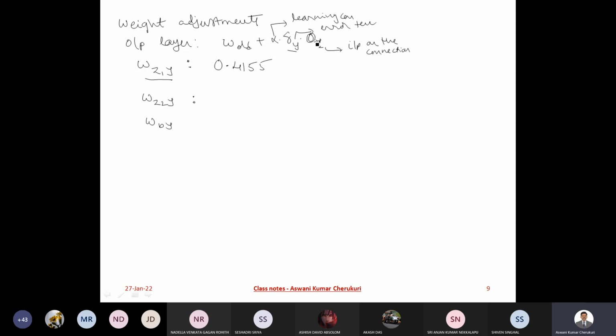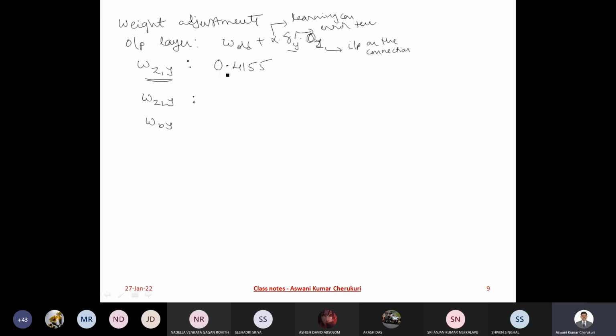This is the output from the previous layer coming as input to that particular node. Any doubts? Shall I repeat? Sir, it will be O of Z1, right? Yes, so we are modifying the connection weight Z1Y, so the corresponding input coming from that output is OZ1.